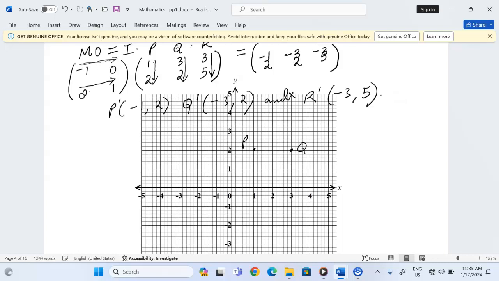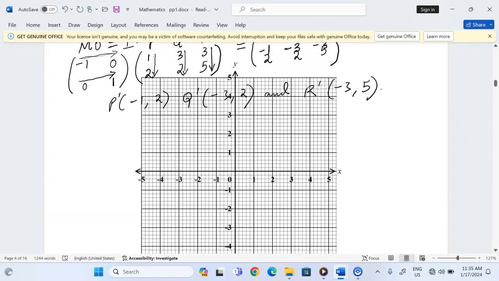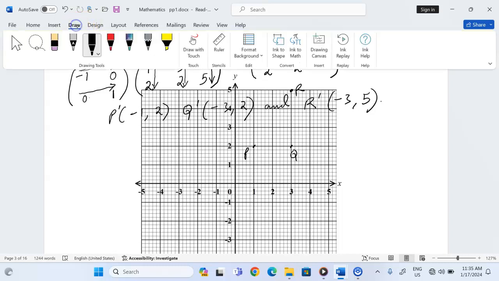So we have (1, 2), (3, 2), and (3, 5): P, Q, R. So this is the triangle.